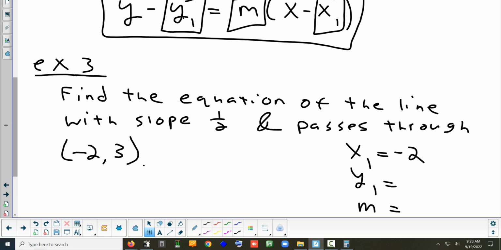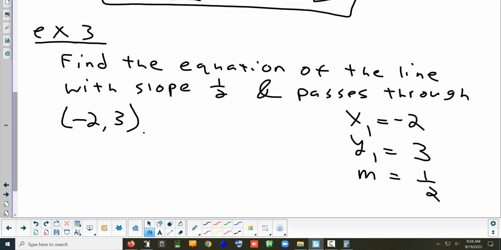So that's -2. Jazaro, what's y1? That's 3. Good. And what about m? Eileen, what's m in this case? 1/2. Yep.